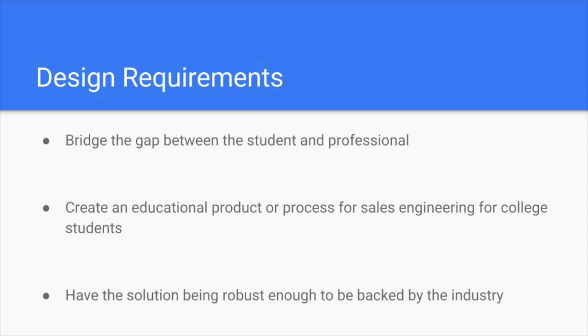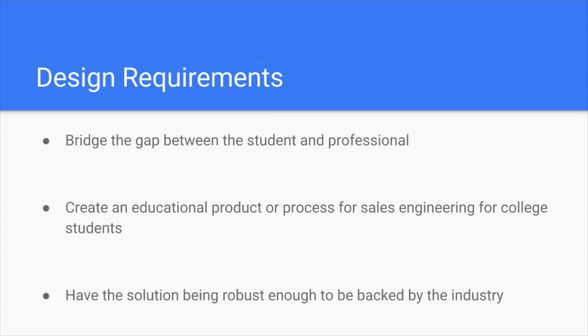For our competition, there were some requirements that our design needed to have. The first one was to bridge the gap between students and professionals. Currently, there's no relationship standing between these two parties. The second one was to create an educational product or process for sales engineering college students.